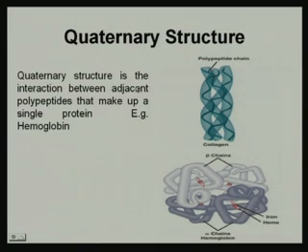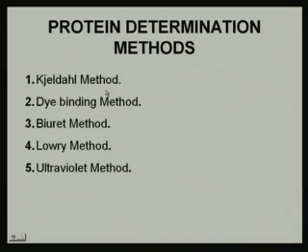So, quaternary structure is the interaction between the adjacent polypeptides that make up the single protein. Hemoglobin, collagen, etc. are examples of the quaternary structure of the protein molecule. So, I wanted to give you some idea about the structure and function of different proteins.